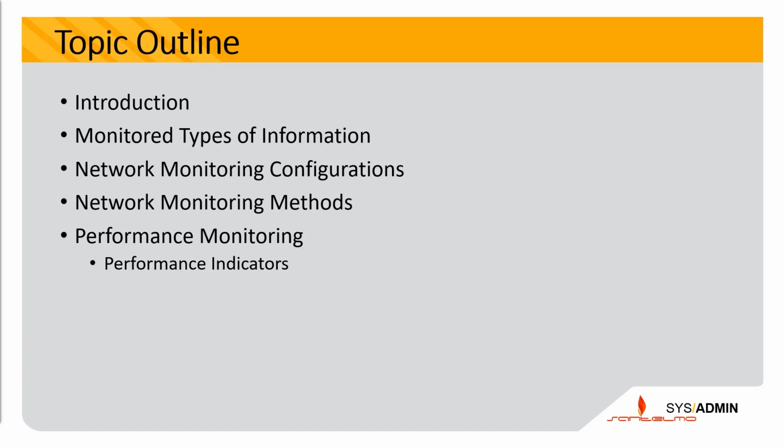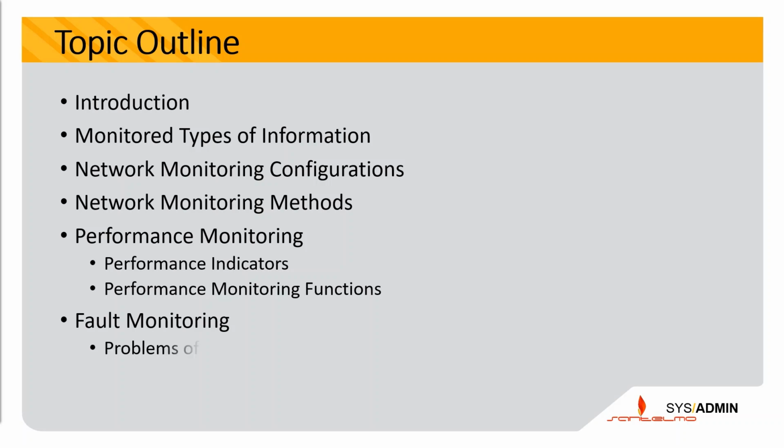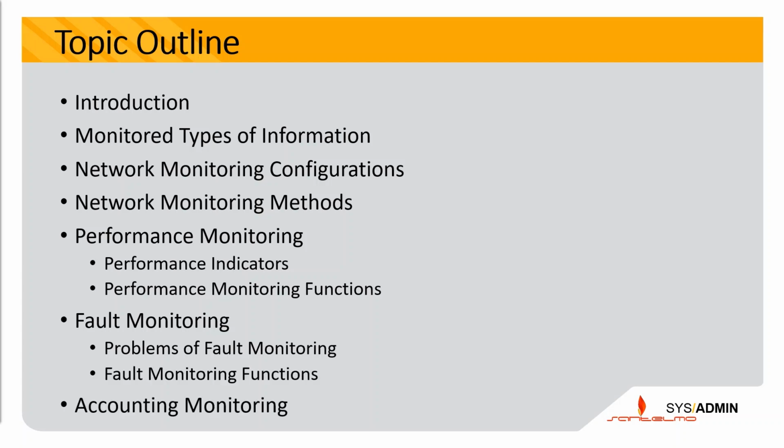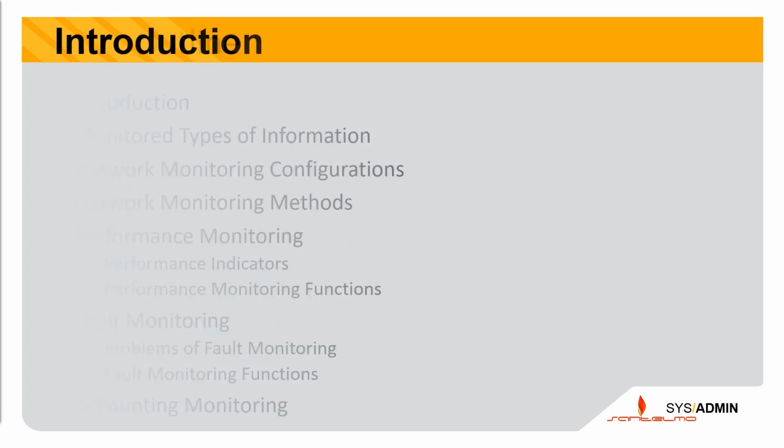This includes performance indicators, performance monitoring functions, fault monitoring, problems of fault monitoring and fault monitoring functions, and the accounting monitoring. So this is part and continuation of the FCAPS that we have discussed on the previous video on the network management overview. So let's start.